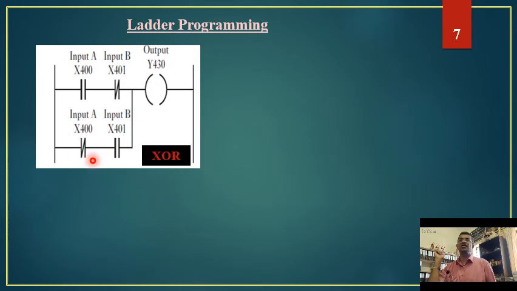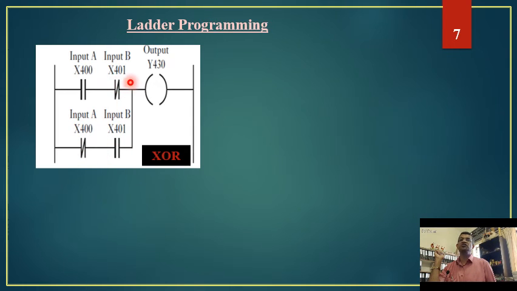Similarly, on the other branch, we have two inputs, again the same two inputs, input A and input B. Input A is at X400, input B is at X401. The only difference between this branch and this parallel branch is that here input A is normally open, whereas here input A is normally closed.